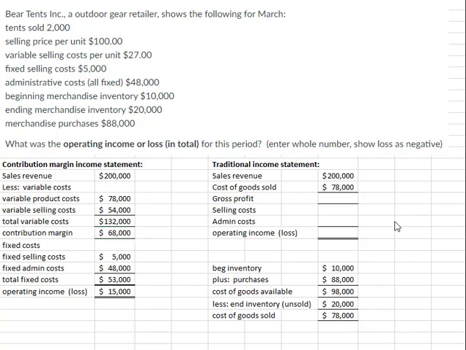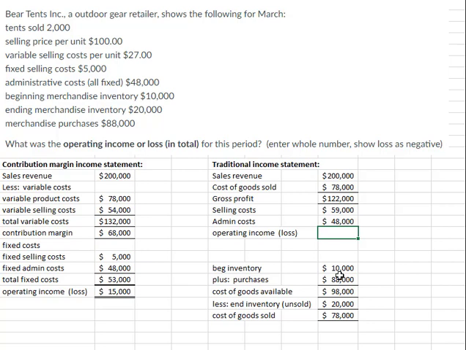In the traditional income statement here, we can now calculate gross profit, which is sales minus cost of goods sold. And then the selling cost is mixed, and now I need both pieces. I need both the variable piece and the fixed piece to get total selling, because in the traditional income statement, I don't split variable and fixed. And then administrative costs is all fixed.